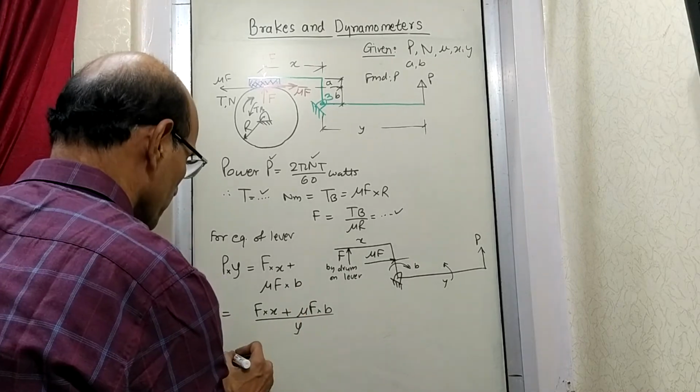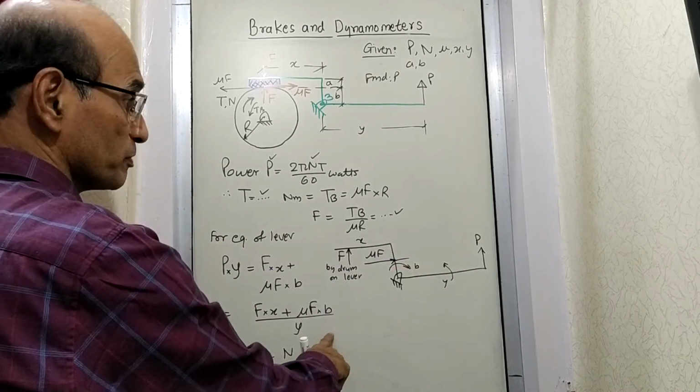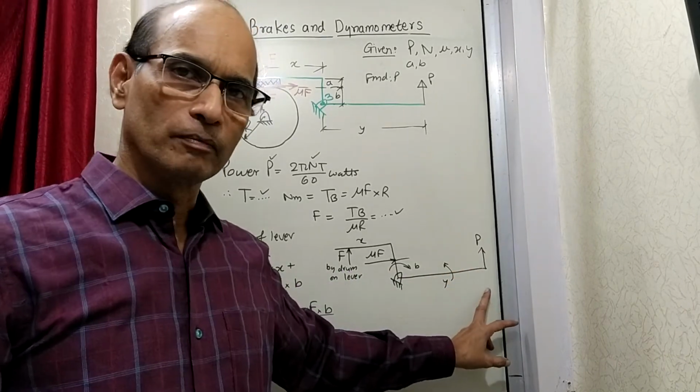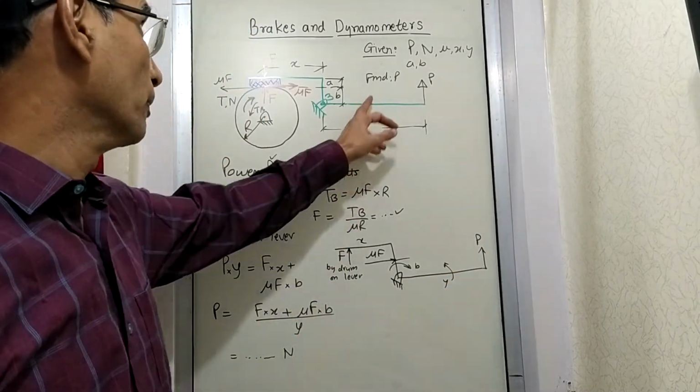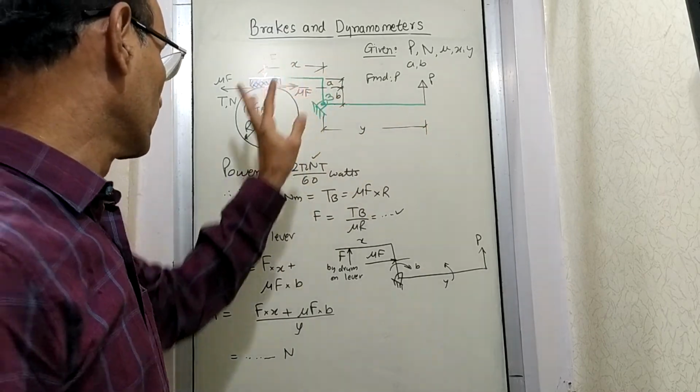So you can find out how much effort you require in newtons to be applied here. If the answer comes negative, then you have to change the direction, but if your assumption is proper, it will not come negative. So that is the effort you have to apply, that is what is asked. So this is the exercise on the third case.